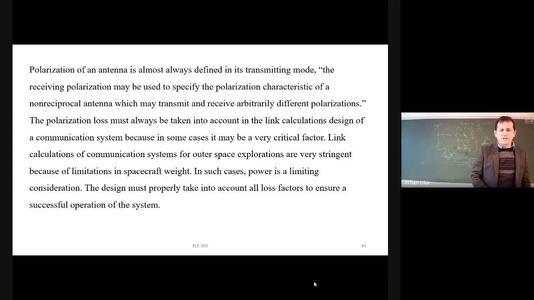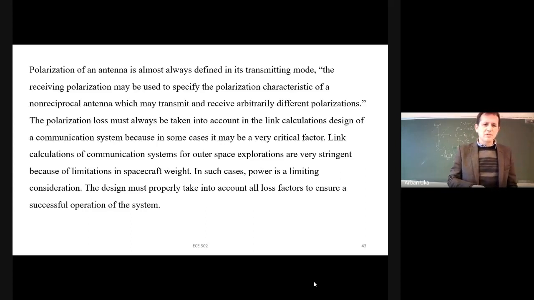Now, at this moment, let's not forget that we are just discussing the proper signal reception, or the most efficient reception of the signal from an incoming wave, just because of the polarization factor, the losses which can originate from the polarization mismatch. We know that there are also other losses which can happen in an antenna.